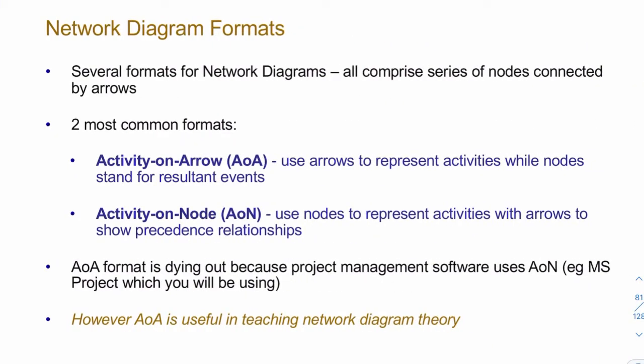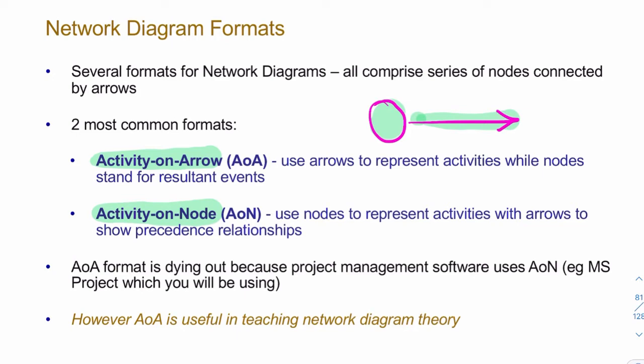So there are two common formats or conventions: AOA, or activity on arrow, and AON, or activity on node. So you've got nodes and you've got arrows. Sometimes we put the activity on the arrow and sometimes we put it on the node. And depending where we put this activity, the shape of our network diagram will differ.